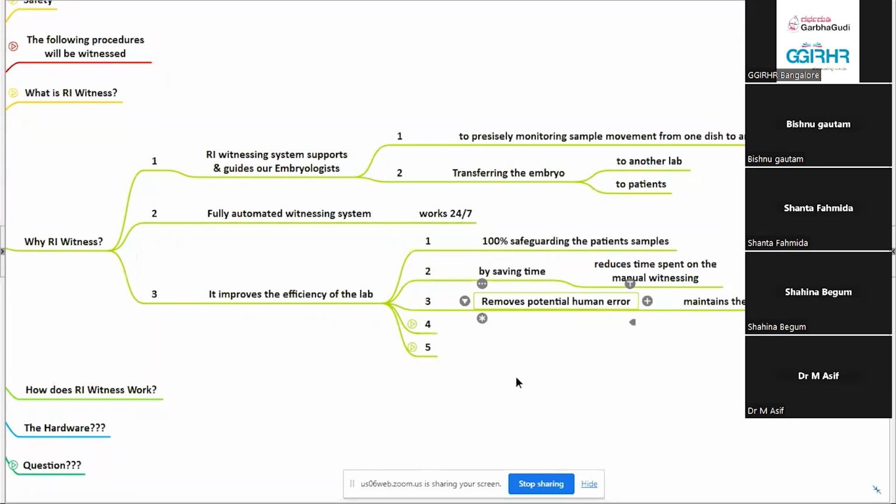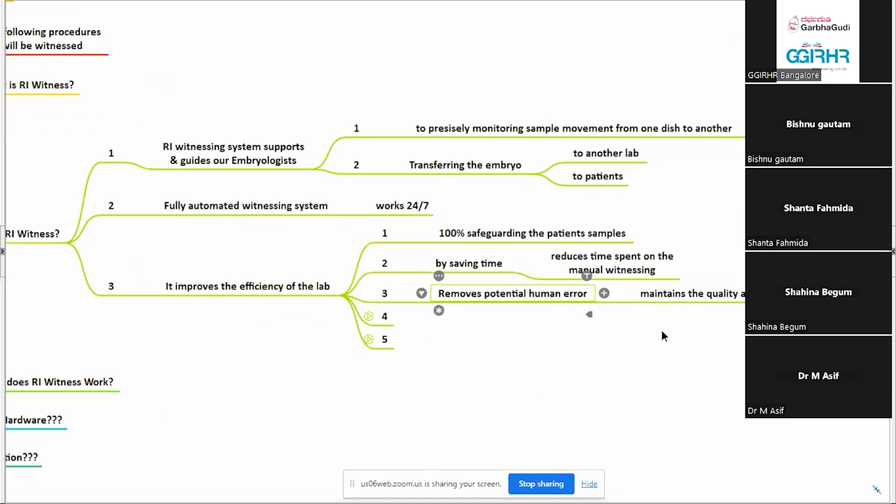And there is something called quality assurance. Quality assurance means the belief and the trust between the clinicians and the embryologists, and the trust between the clinicians and the patient, can be improved by this RI witnessing system.